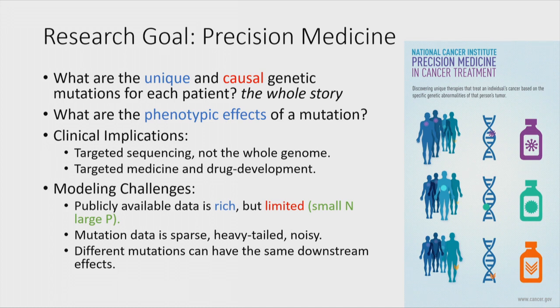But one of the aspects that I'm trying to focus on with the modeling is that you can have different mutations that have the same kind of phenotypic effect, so the same kind of causal mechanism. A low-frequency mutation and a high-frequency mutation can have the same underlying effect, and we want to combine that into a latent variable or a disease state across the cancer cohorts.